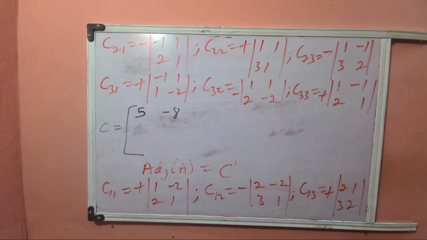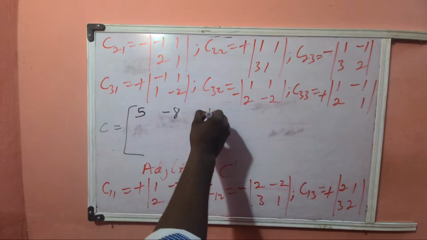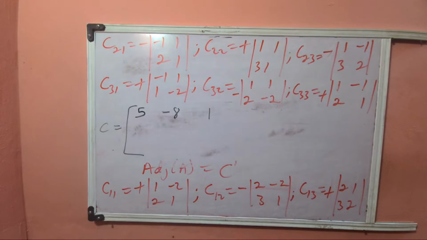I hope that's correct. And for C13, we have 4 minus 3, that's 1. So we have 1 because there's a positive sign there.